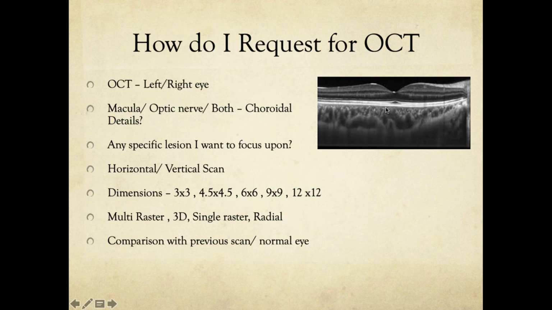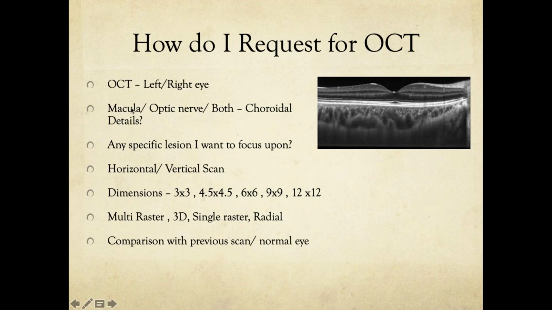And what happens most of the time, the lesion is somewhere else, and the operator just wants to get the OCT done and create a report. He sends you the report, but the section of the scan is done elsewhere than where you have intended to look at.